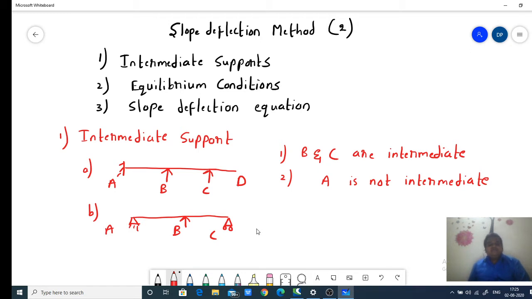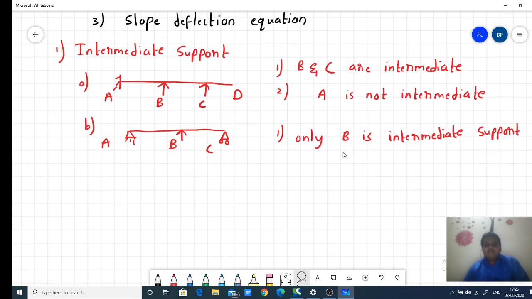Similarly A, there is no span to the left side, and C, there is no span to the right side, so here only B is intermediate. So this you need to understand, intermediate support. Once this concept is understood, we can easily move ahead.